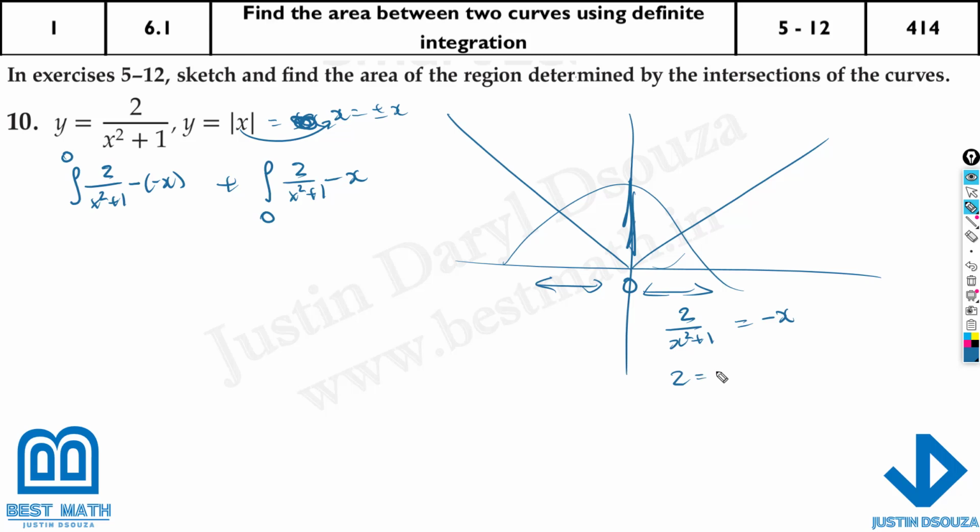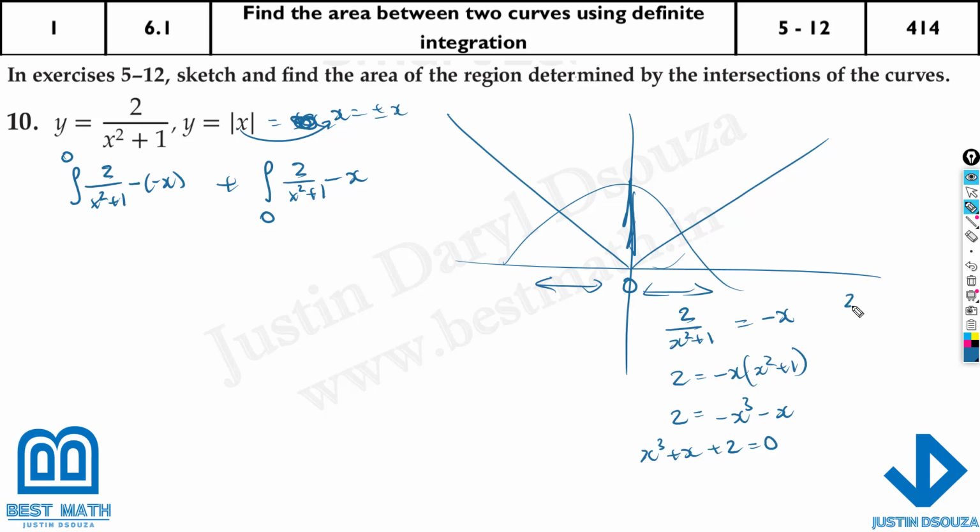Now it'll be 2 is equal to minus x times x squared plus 1. I multiply it, it'll be 2 is equal to minus x cubed minus x. And I can rewrite this. I'll take these two to the other side. It'll be x cubed plus x plus 2 is equal to 0.